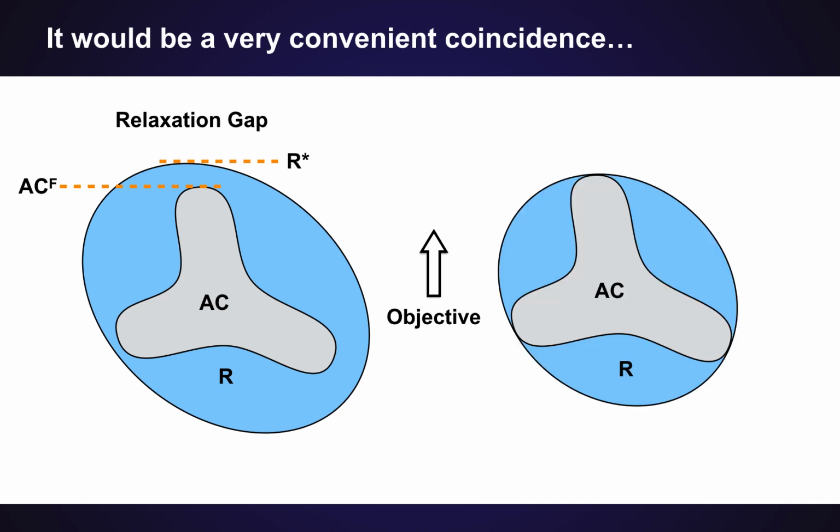It would be amazingly cool and convenient if somehow the optimal solution of the AC feasible problem just touched the frontier of our convex relaxation. So in this case, the relaxation's optimal solution is also the optimal and feasible solution to the original non-convex problem, and there's no relaxation gap at all.